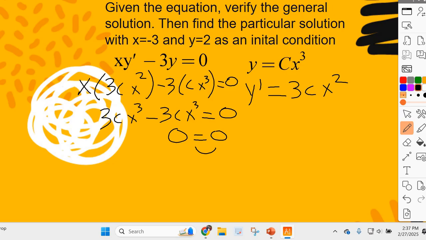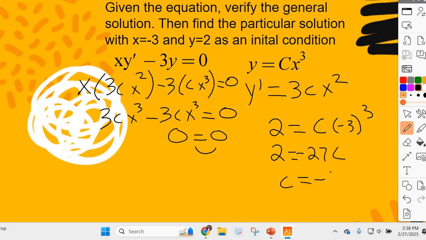If we plug in our y, we have 2. We plug in our x as -3. -3 cubed gives us -27. Then to solve for C, we divide and get -2/27.